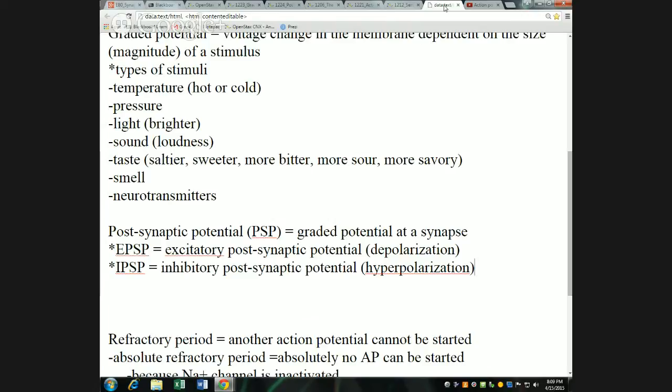Okay, so we have what are sometimes referred to as excitatory neurotransmitters and inhibitory neurotransmitters. Now, calling neurotransmitters excitatory or inhibitory is just getting at whether they cause EPSPs or IPSPs. It makes me cringe just a little bit because the neurotransmitter binds to a receptor, and the receptor is what causes the change in the membrane potential.